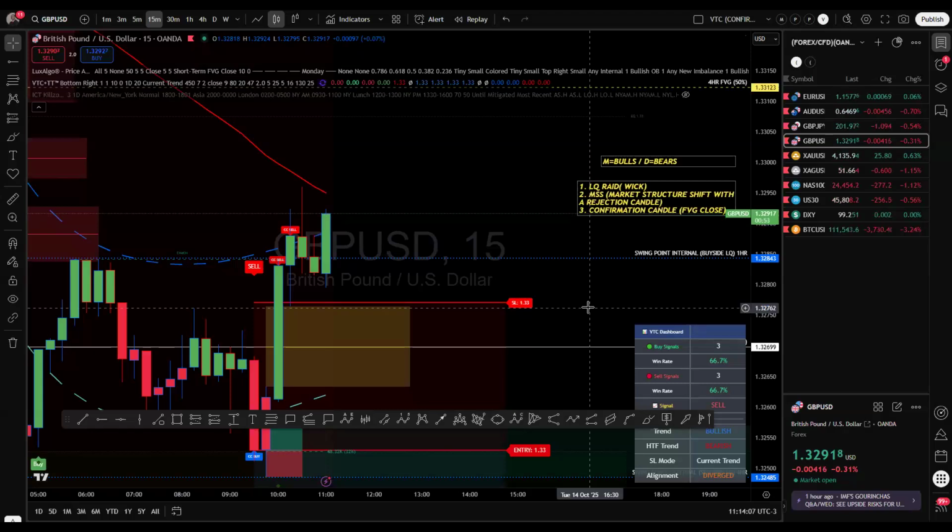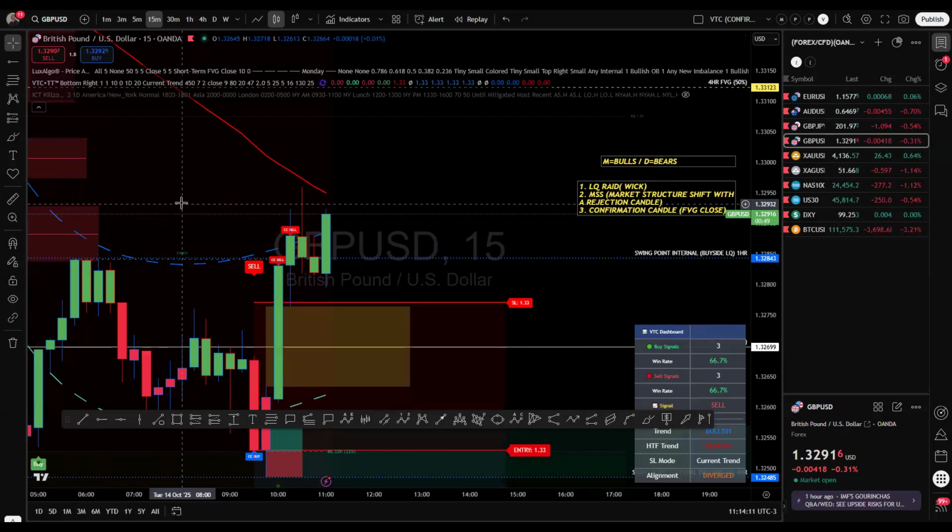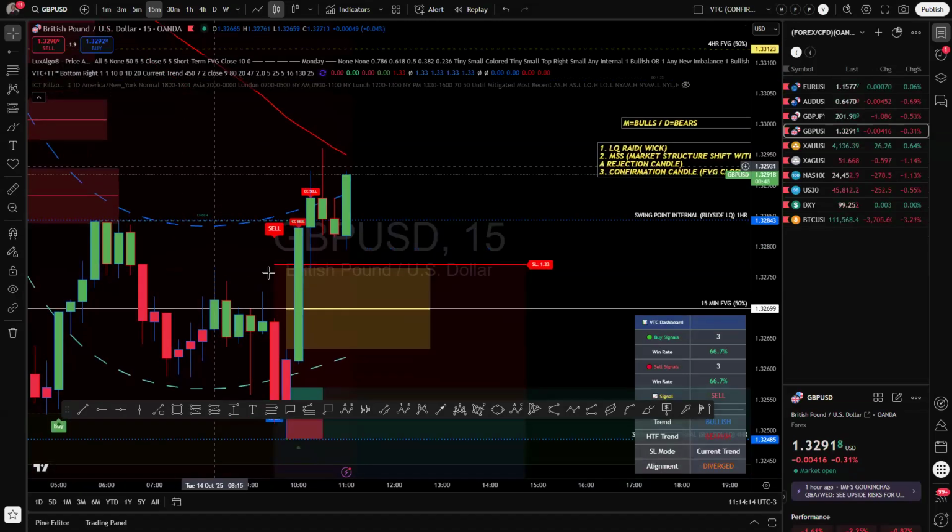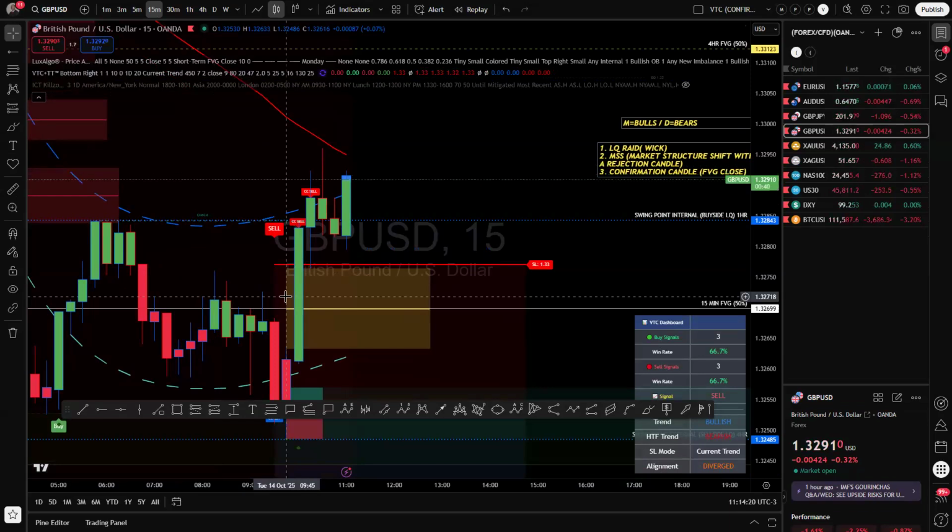So we got less than a minute left. We'll see if this candle closes with some strength, and if it does, we know that it's definitely ready to go. Let's see.